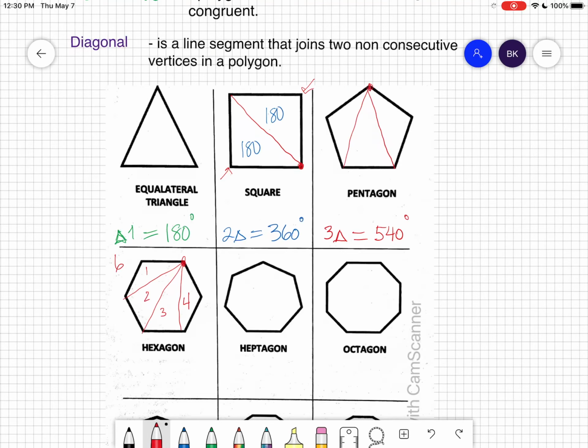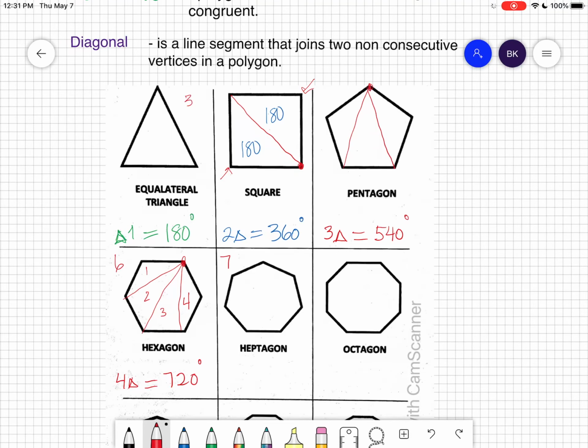So a polygon with 6 sides splits into 4 triangles, and we know that the measure of each is 180. So we have 4 triangles, and the sum of the degrees of the whole shape is 720 degrees.